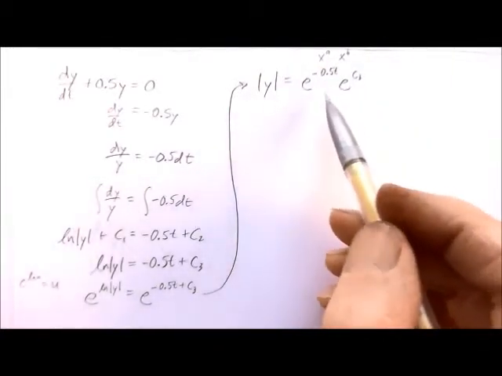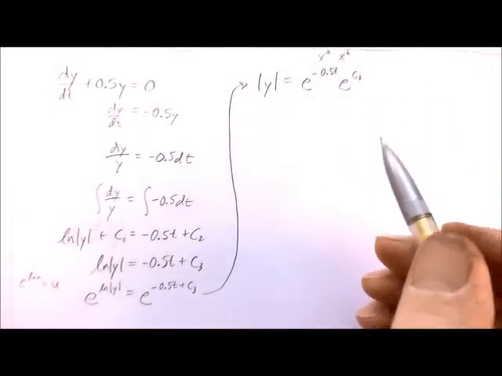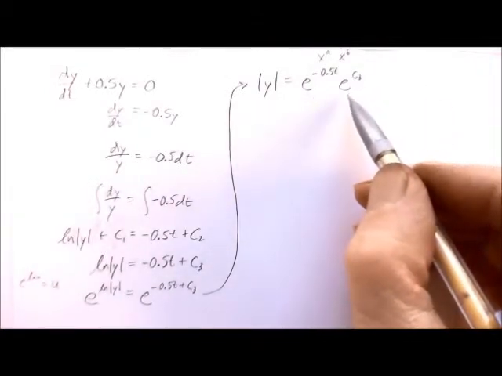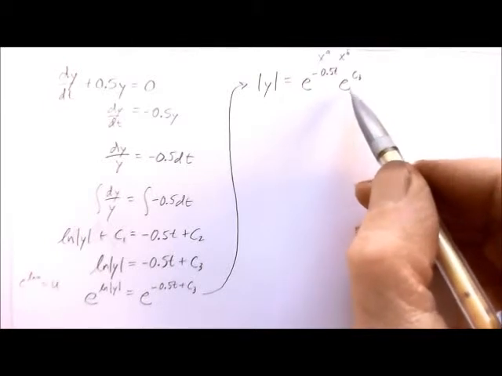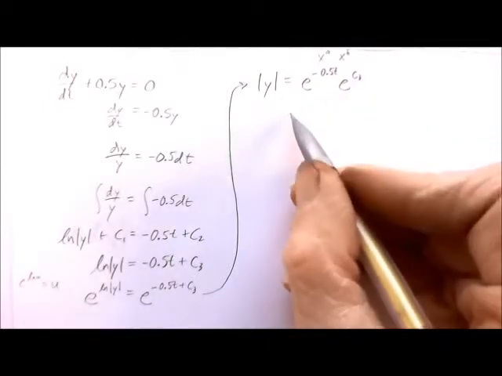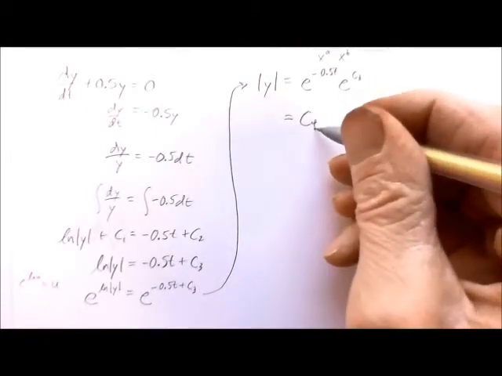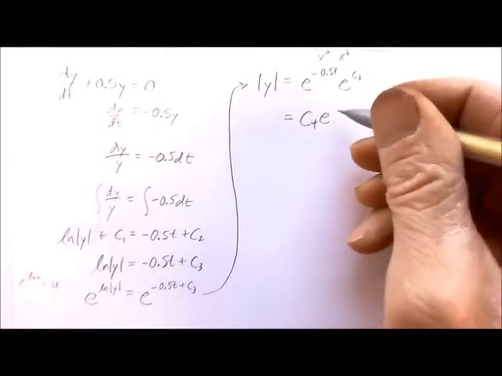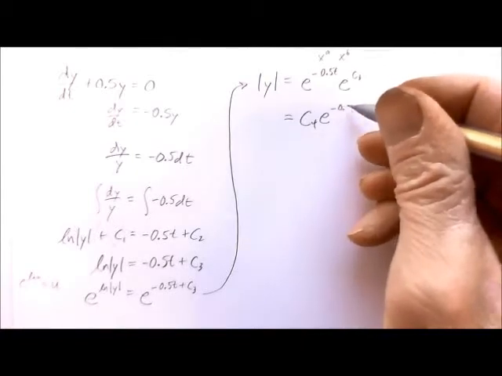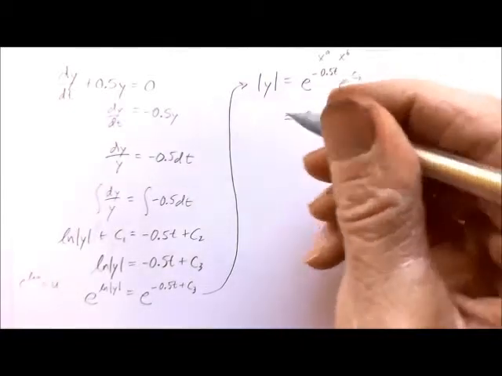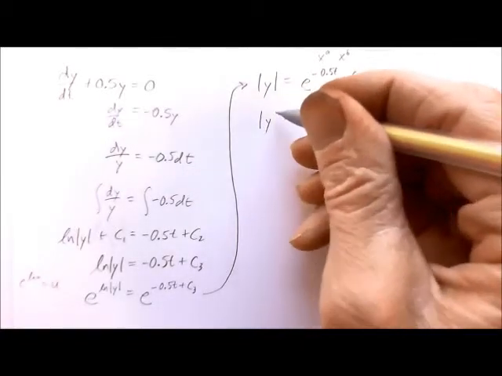Rather than putting these together, we want to take this and take it apart into these two things. Now, e is just a constant. It's about 2.7, so a constant to a constant power is in turn another constant. So we'll put that out in front and call it c4. So we have c4 e to the minus 0.5t, and on this side, absolute value of y.